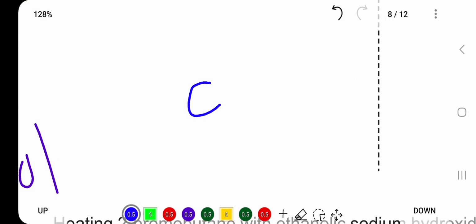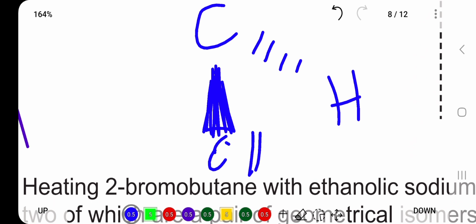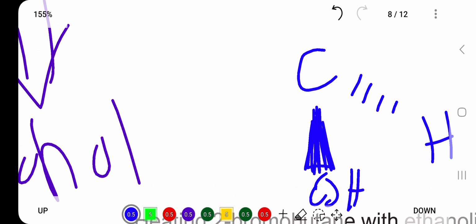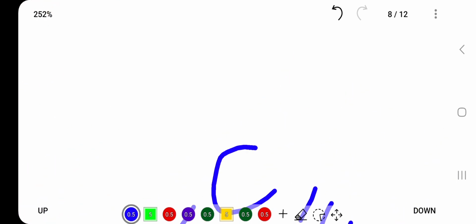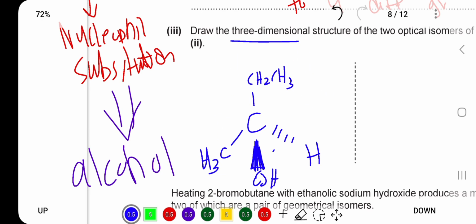Put the carbon in the center, put an H. You can put the shapes in any way, to be honest, but what matters is, I'll show you it later. And up is the long carbon chain, which is CH2, CH3. Alright?